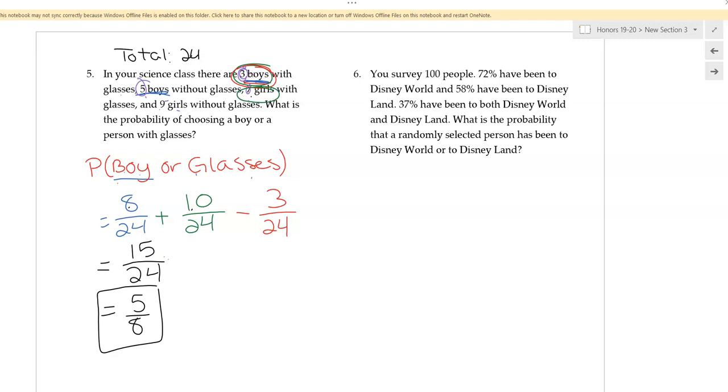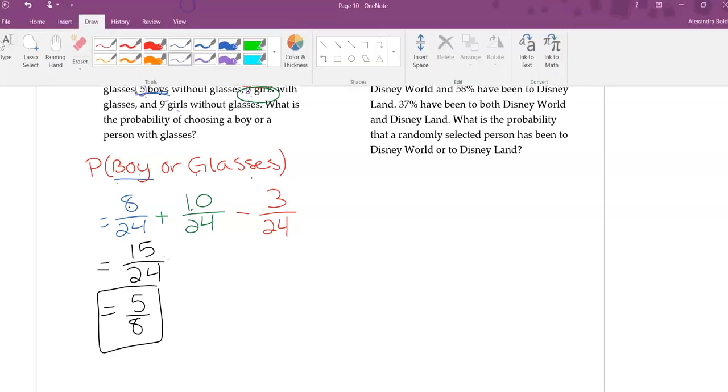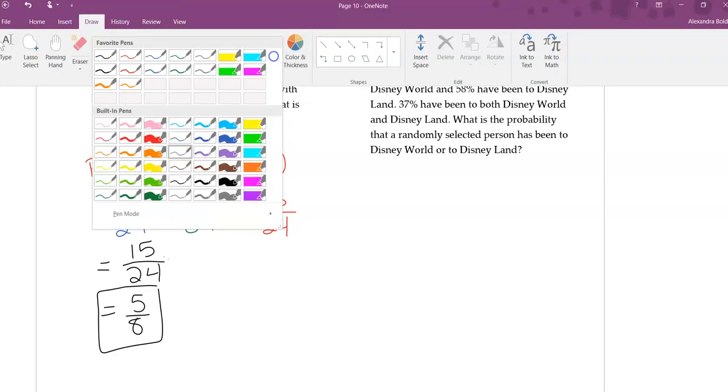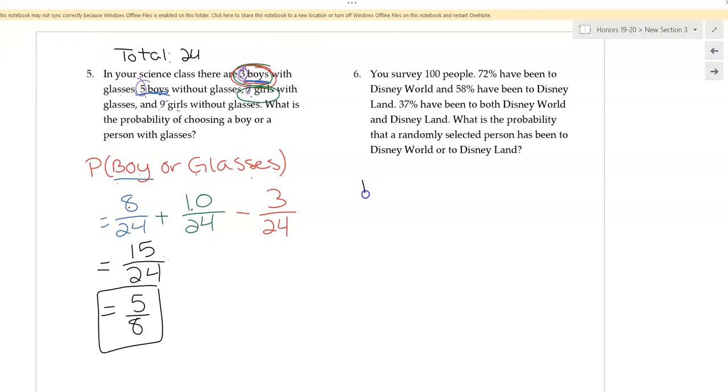Number 6 is a little different because it doesn't break it down for me. This is just percentages. So I survey 100 people, 72% have been to Disney World, 58% have been to Disneyland, and 37% have been to both. So the probability of world or land, we'll have to do the probability of Disney World first.